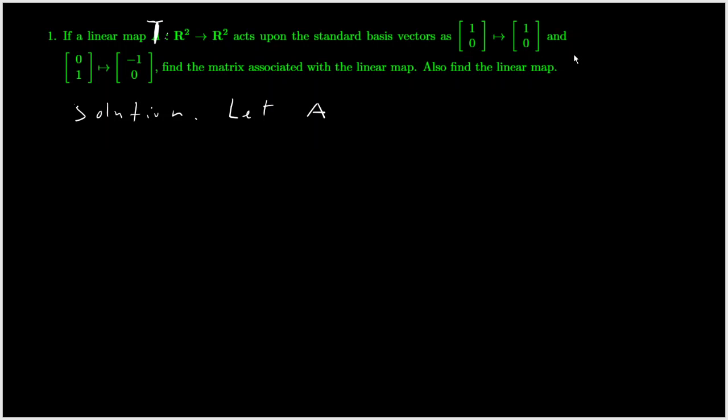So A is formed by the output of (1,0), which is (1,0), right? Look at the mouse cursor: in this column you have the output of (1,0). The second column is the output of (0,1), or j actually. So for the second column you use (-1,0). That's how to form the matrix A.